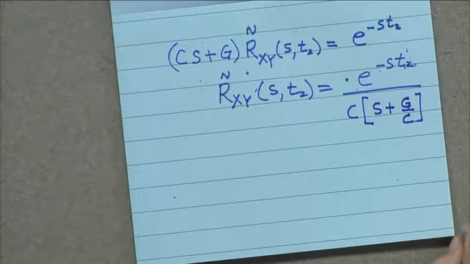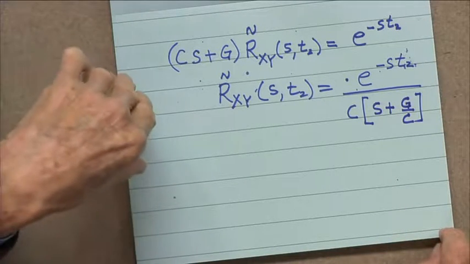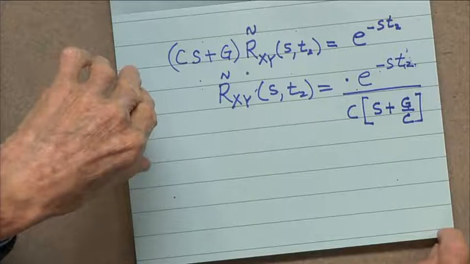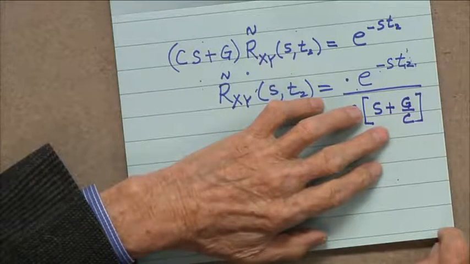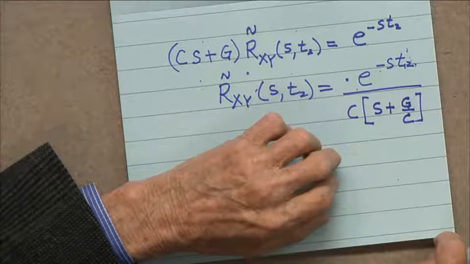You know what G over C is? Isn't that a time constant? RC time constant. G is 1 over R. So it'd be the RC time constant.